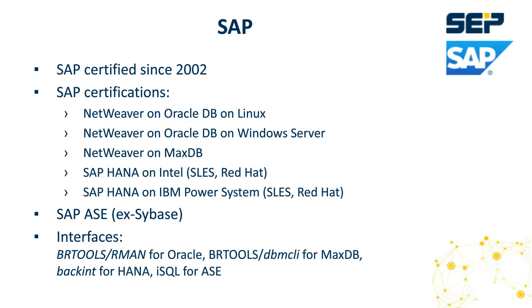That means for Oracle, we use the BR tools, DBM3 for MaxDB, backint for HANA, iSQL for ASE, and of course, we also use the IBM API when you work with IBM DB2 database, which is also integrated, but is not in the certification stack, as this is not done by SAP itself for certification.